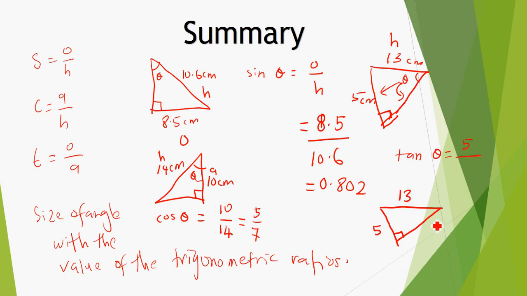Using Pythagoras theorem, to find the length of this is the square root of 13 squared minus 5 squared. So it equals 12. So the length of this is 12. So 5 over 12. The answer is 5 over 12. I hope you can understand and don't give up. Bye.